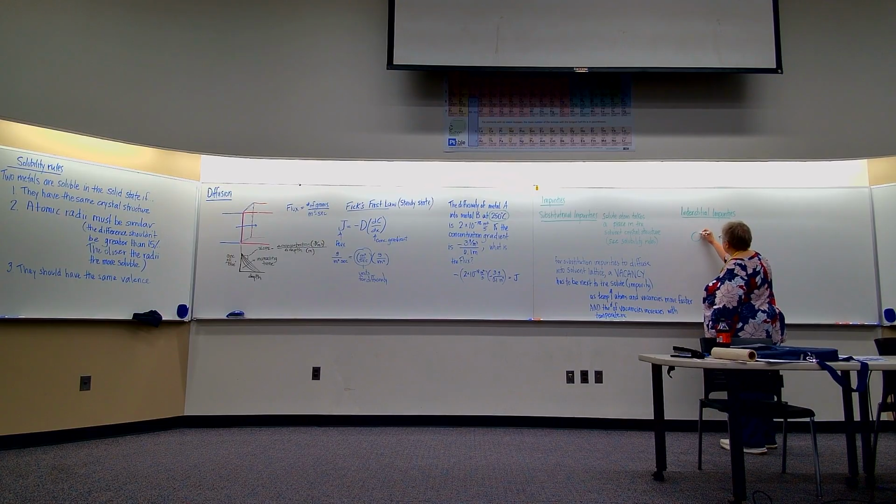So if we look at the face of an FCC metal, for example, there's one place that an interstitial atom could go.